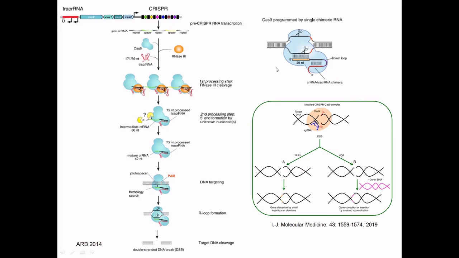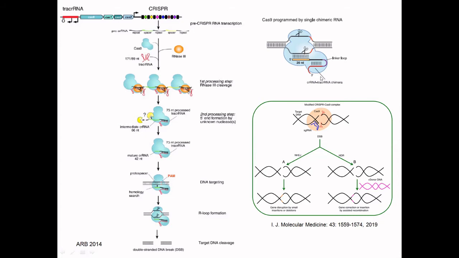This is called the R loop. This 20 nucleotide guide identifies the specific portion of the targeted DNA and hybridizes there. There is a PAM here, usually NGG, and the guide is written in such a way that there is an NGG here. The Cas9 nuclease sits here and brings a double stranded break 3 nucleotides upstream of this guide sequence.